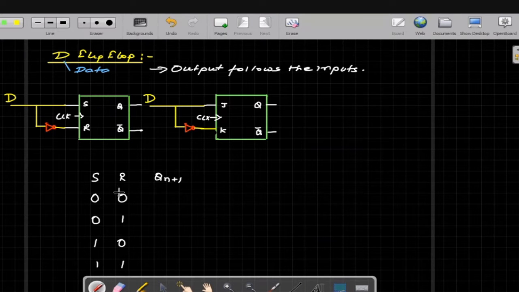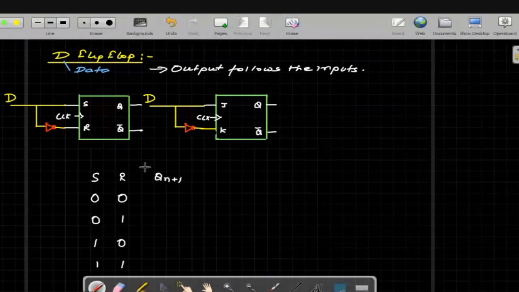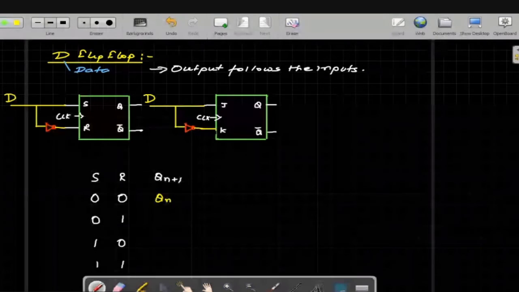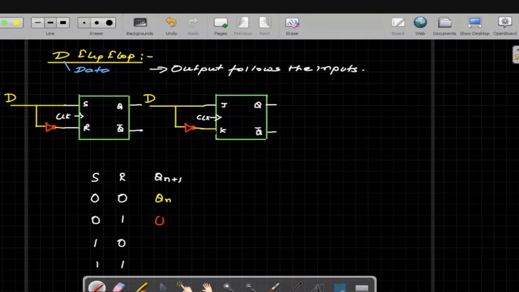And of course, when S and R are both 0 0, the present state of that flip-flop remains Qn. When S is equal to 0 and R is equal to 1, this corresponds to reset, so the output is 0.